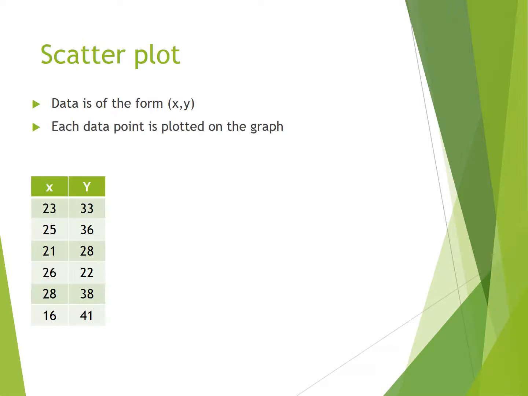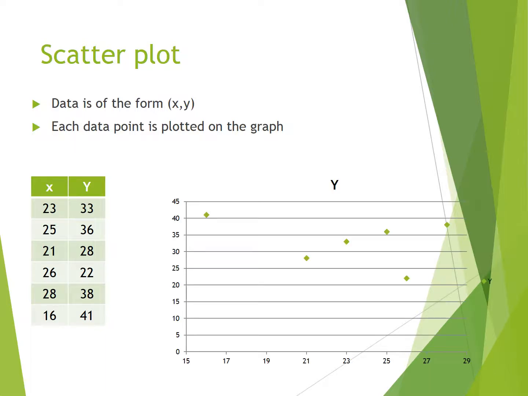So for example, suppose I have these values, and then I put these in. So 23, 33 would be this point right here, 25, 36, that point right there, and so forth, 16 and 41. Right? So most of you are very familiar with how to graph on the XY coordinate plane.